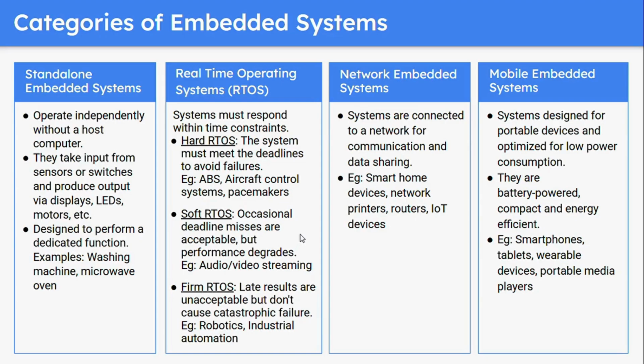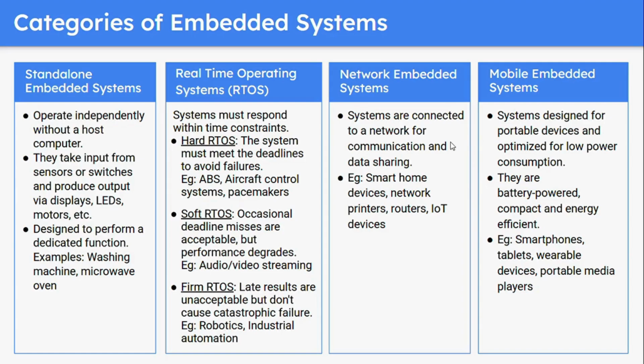Soft real-time operating systems are those which can have some delay in their response, which is acceptable, but the performance degrades. Firm real-time operating systems are those systems where late results are unacceptable, but they do not have catastrophic failure.